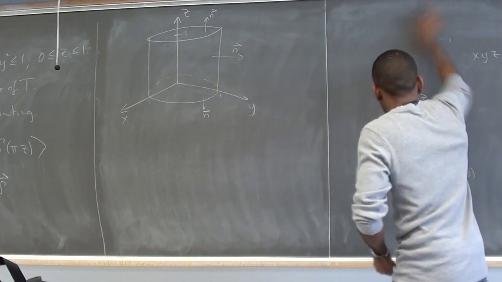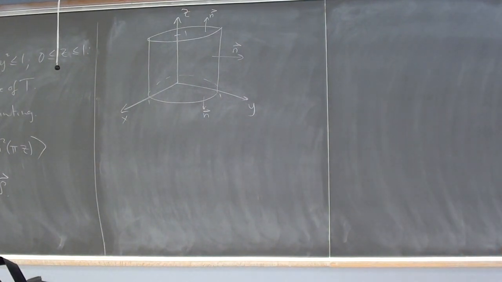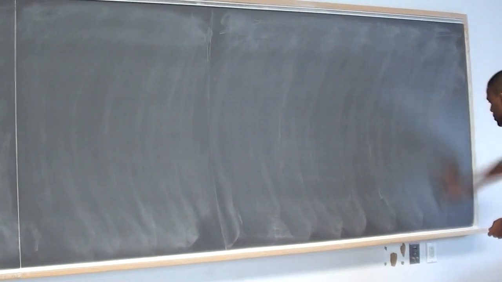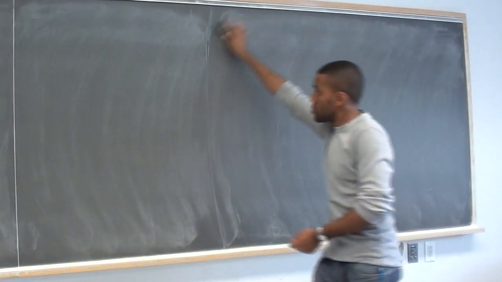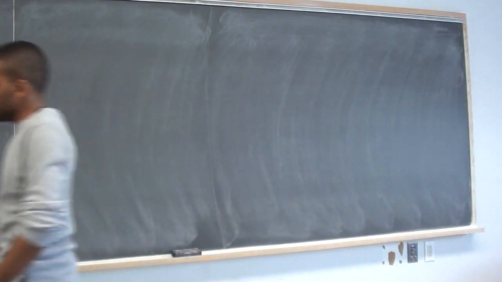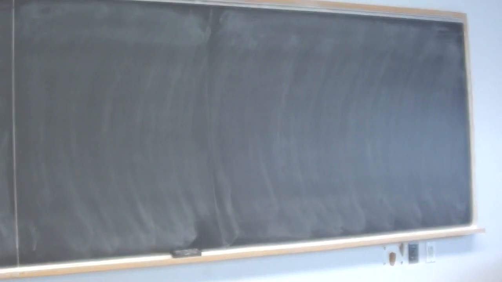So let's compute the surface integral over the vector field W. Of course you remember that this is equal to the double integral over D of W dot the normal vector dA, right?